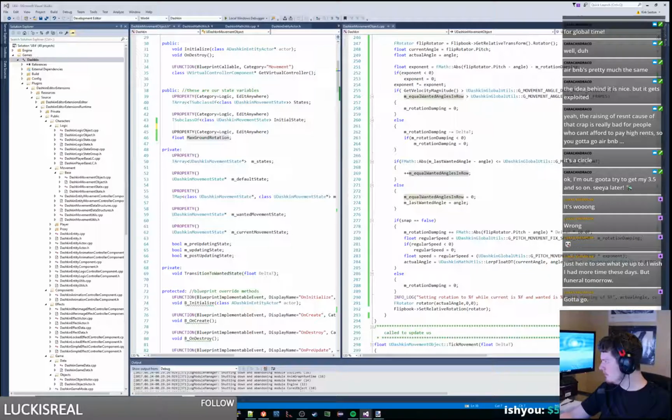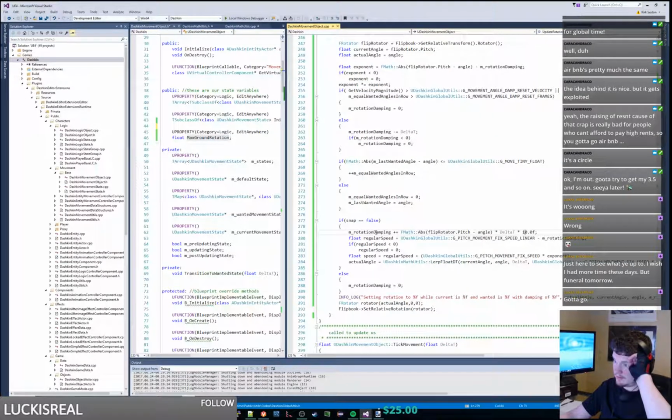This is not an int, it's a float. This will be static const. So this is rotation damping plus equals this times rotation damping, G movement rotation damping constant, and that's 10.